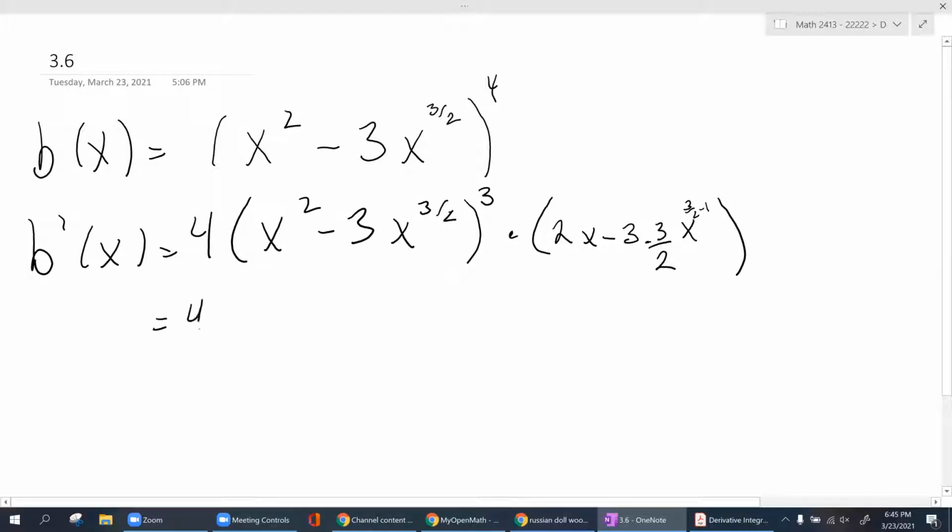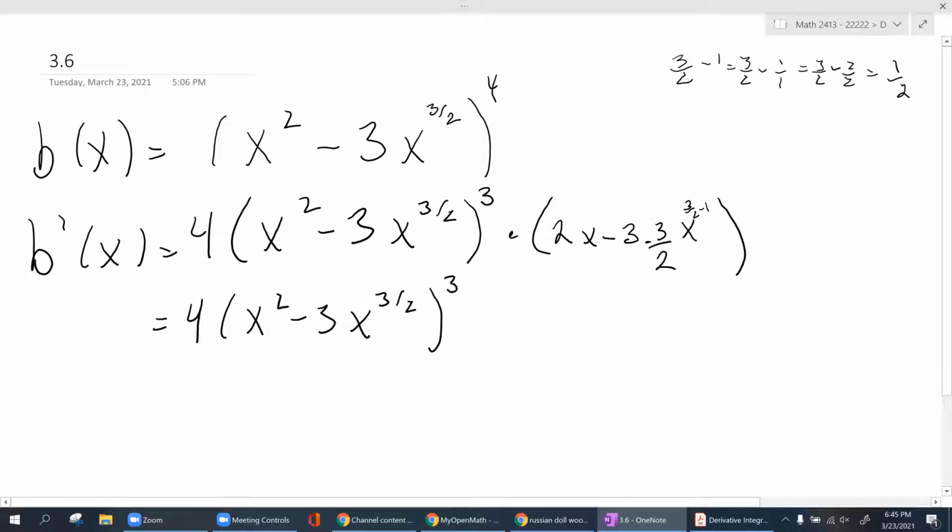Looking at that exponent up there, this is 3 over 2 minus 1, which is 3 over 2 minus 1 over 1, which is 3 over 2 minus 2 over 2, which is 1 over 2. Meaning I have 4 times x squared minus 3x to the 3 over 2, to the third, times 2x minus 9 over 2 x to the 1/2.